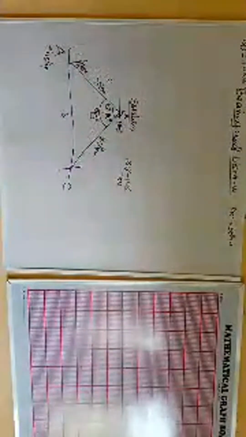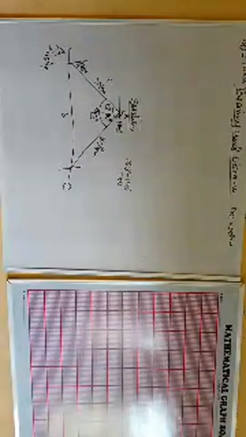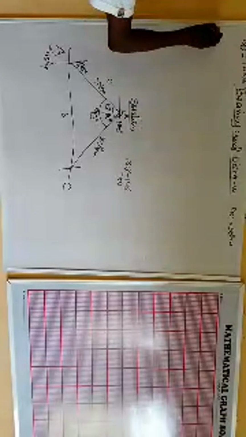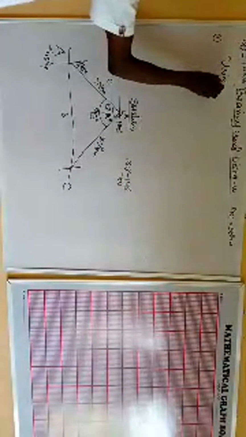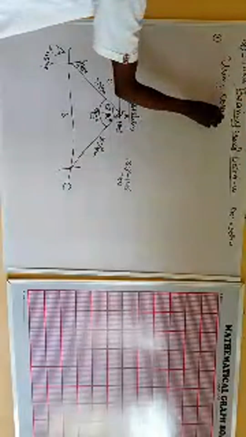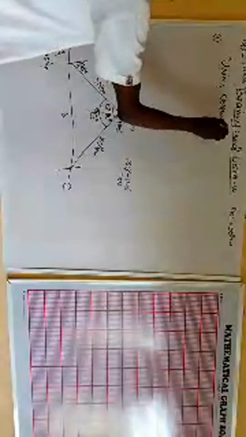Now, when you want to look for the distance, we are going to use the cosine rule. In one of my videos, I have treated the topic cosine rule. This is where we are looking for.